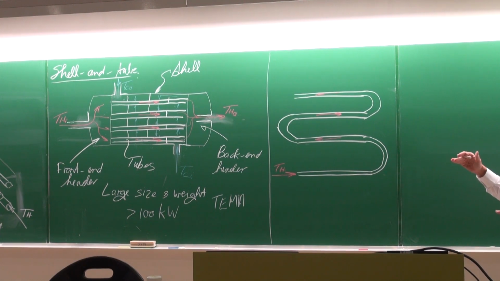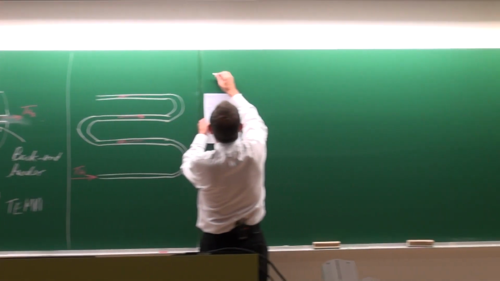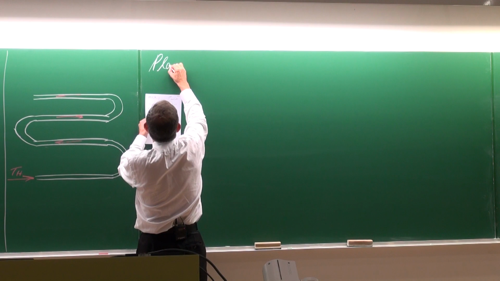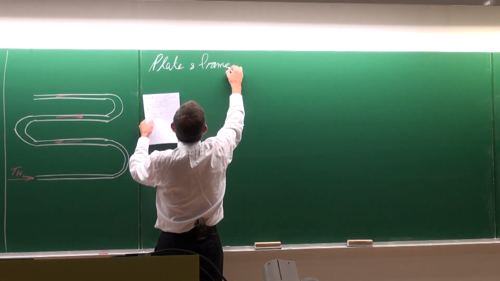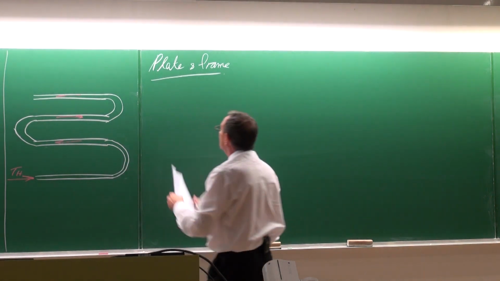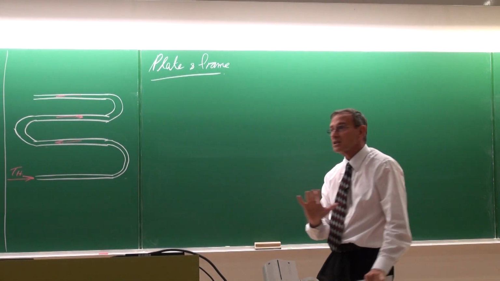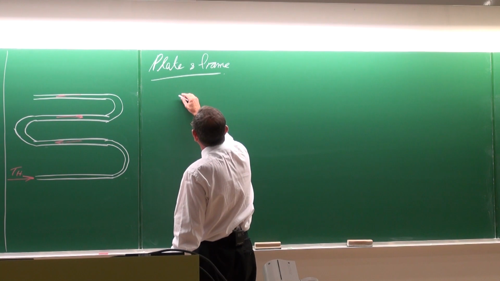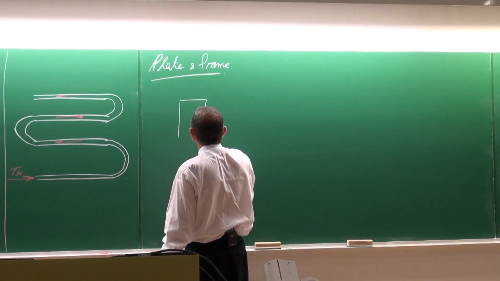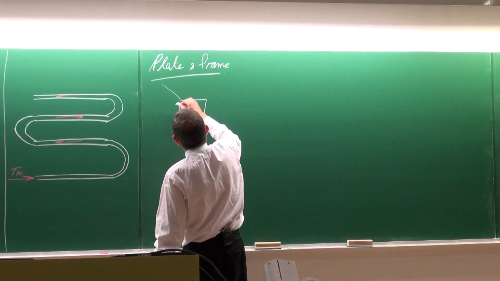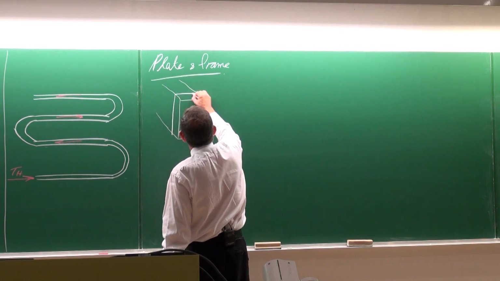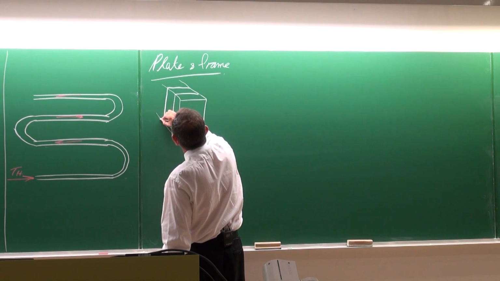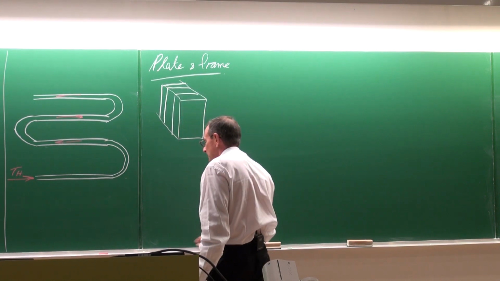Right, the next category of heat exchangers are called plate and frame heat exchangers. Now in this category of heat exchangers, again, what you're going to have is a plate and more plates, quite a lot of them.